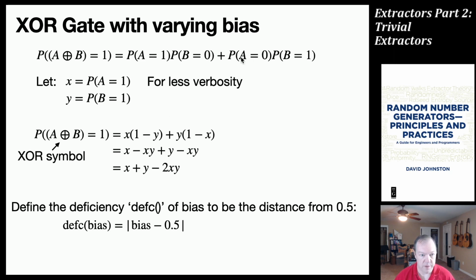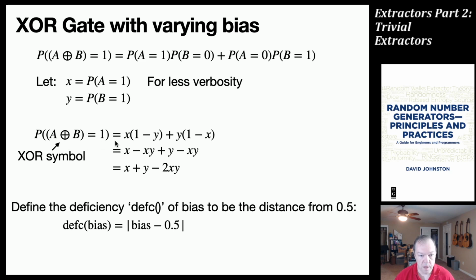So we start off with our familiar equation. The probability of getting a 1 is the probability that the inputs are different. And we're going to label the probability of pin A being 1 with X, and the probability of pin B being 1 being Y, just to make the equations a bit less unwieldy. We're using this circle with a cross in it to represent the XOR symbol in mathematical equations. That's a normal thing to do.